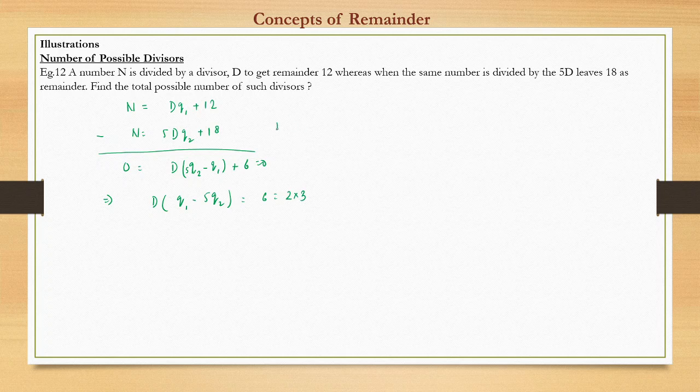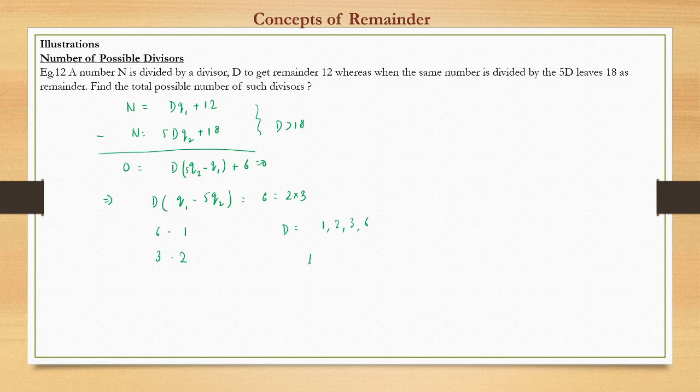And here we know that d will be more than 18 from these two. So 6 can be written as a product of two factors in two ways, that is 6 into 1 or 3 into 2, where d can take any value among 1, 2, 3 and 6. But of all the possible values of d, that is 1, 2, 3 and 6, none are more than 18.